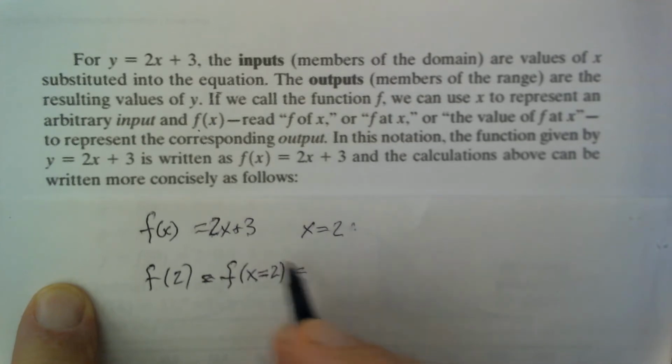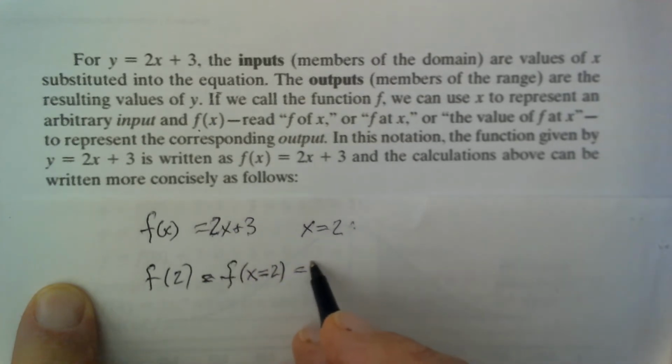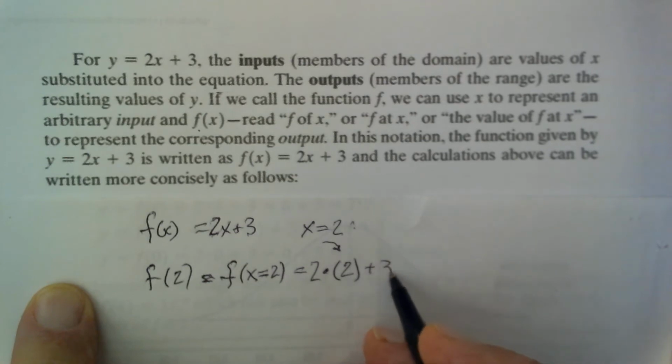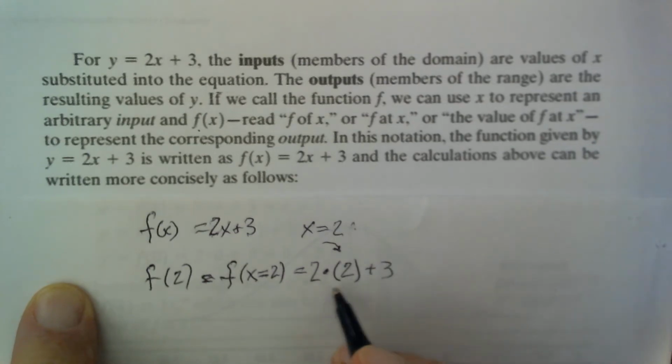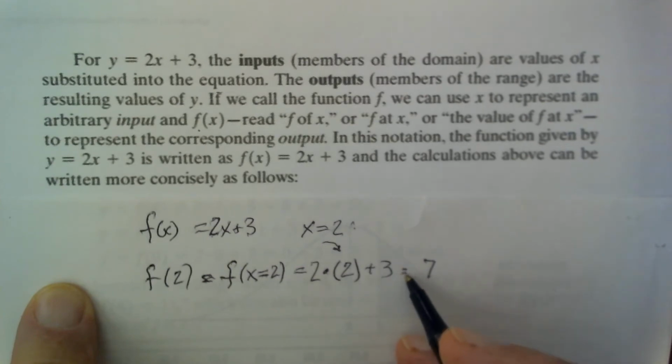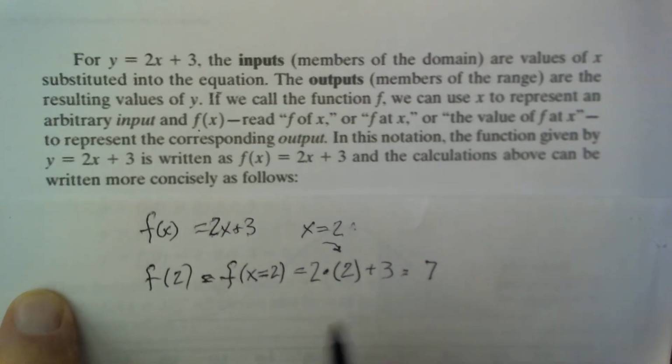We simply replace x with the number 2, and then we add 3 to it. Of course, the calculation is trivial. 2 times 2 is 4, plus 3 is 7. So that is the function value. So the value of a function evaluated at a given value for the x input is simply a number.